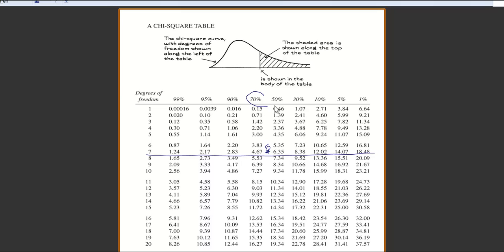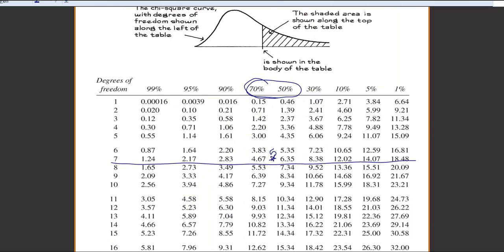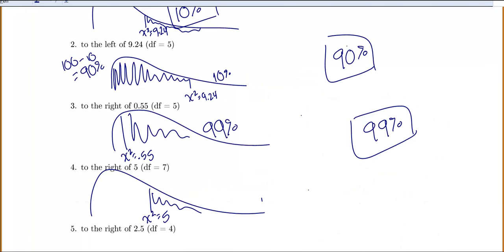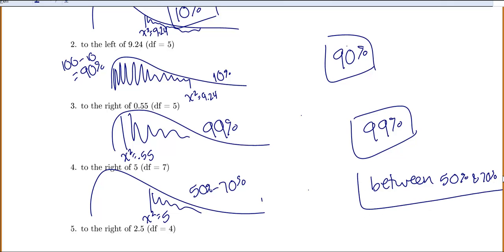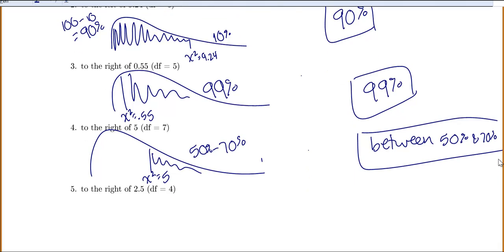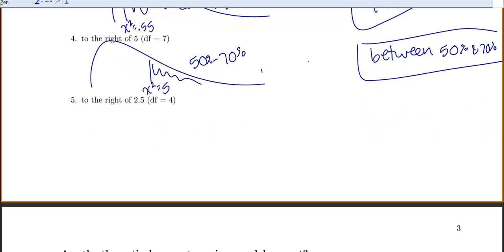So the area is somewhere between 50 and 70%. That's the best I can say just based on my table. And so my final answer is between 50% and 70%. Of course, I could use a calculator or computer to find that exactly.